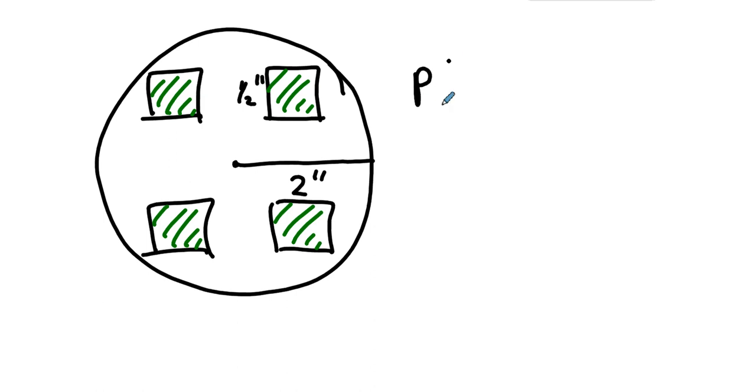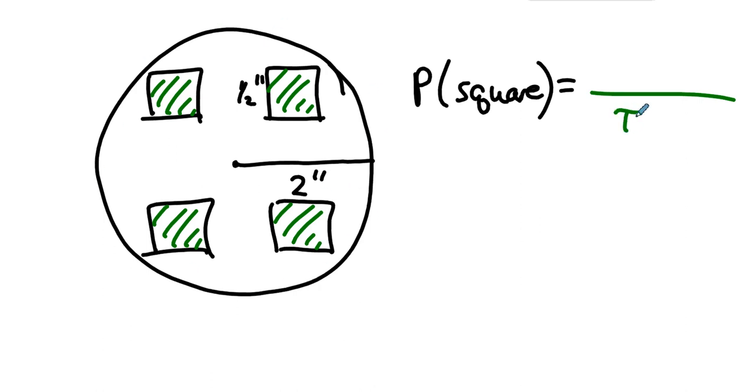Well, the probability of landing inside one of the squares, that's a ratio of the areas of all the squares divided by the area of the circle. Well, the area of the circle is pi times radius squared. That's not a surprise.